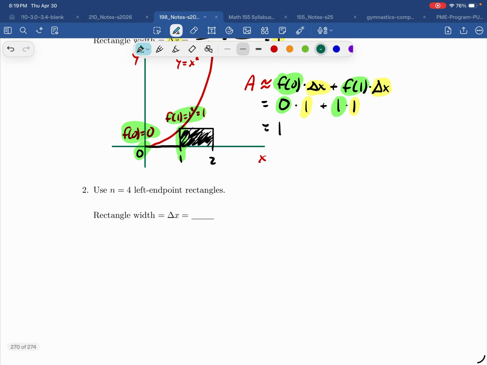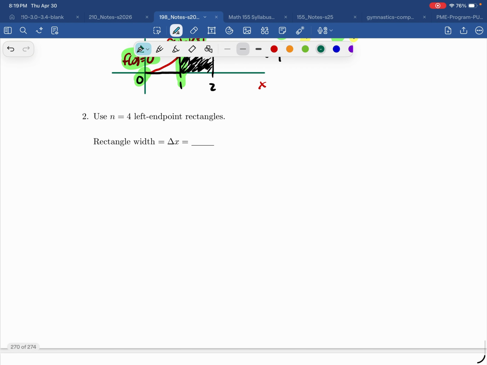Same approach. Draw some nice axes. And again, same curve as before. Same interval as before. We're using 4 rectangles though. So if we think about it, what's the width going to be? It's still b minus a, but now it's over 4.